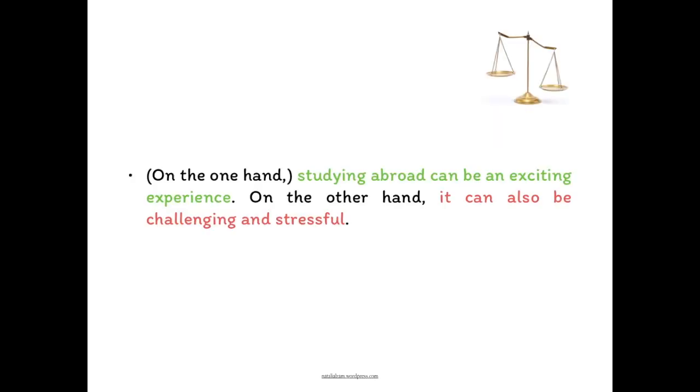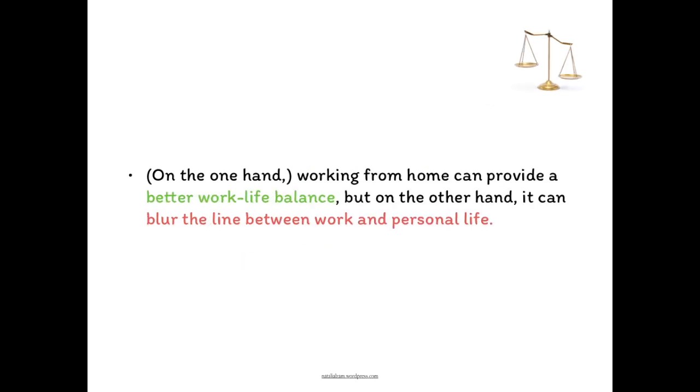These are just some more examples of weighing the pros and cons of a situation, having a look at both sides of the argument. Studying abroad can be exciting. On the other hand, it can also be challenging and stressful, positive then negative. Another example where a contrast is established.